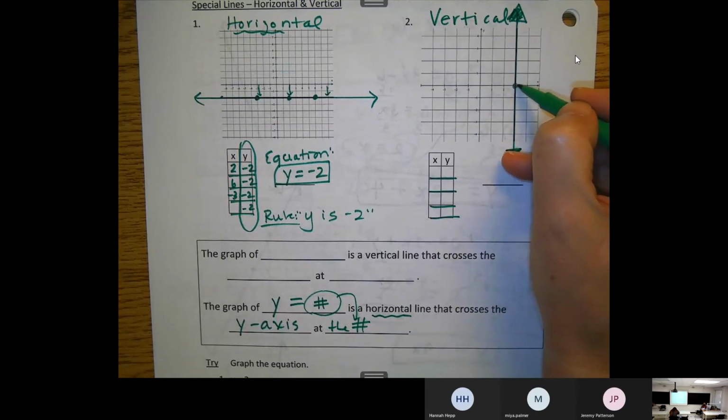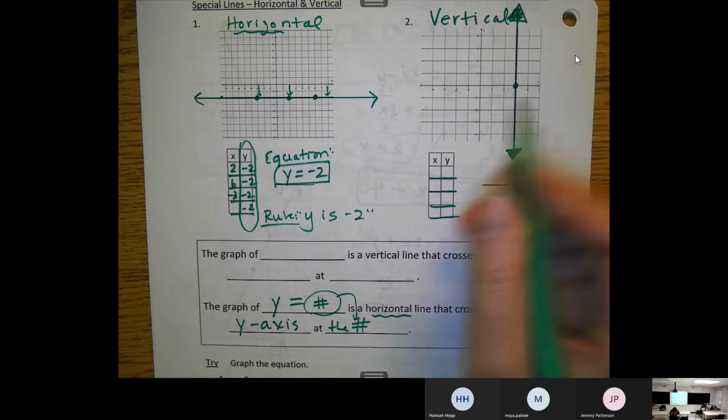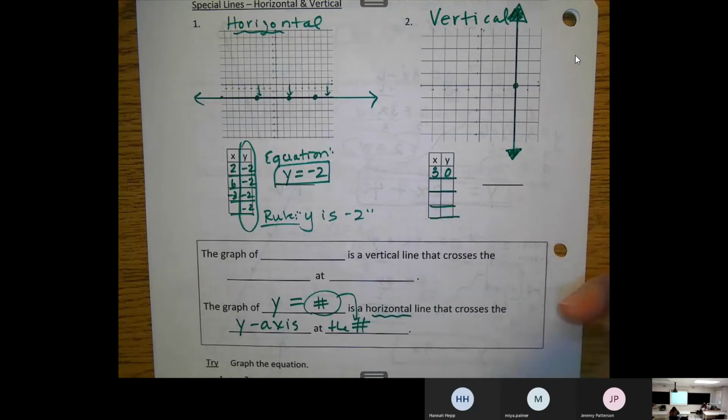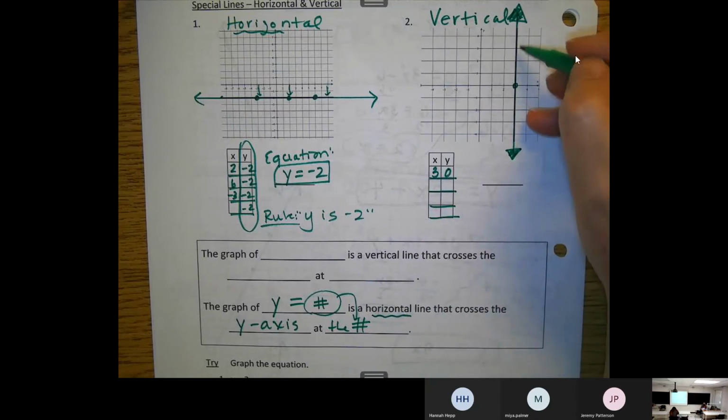Like where's the intercept? The ordered pair? 3, 0. And maybe we could identify something up here in the first quadrant. What would one of these points be? 3, 2, yep.